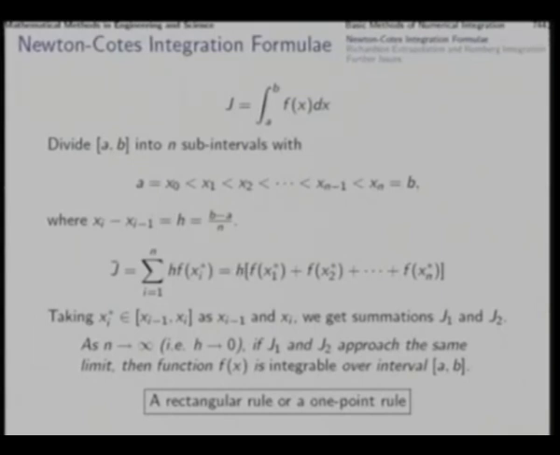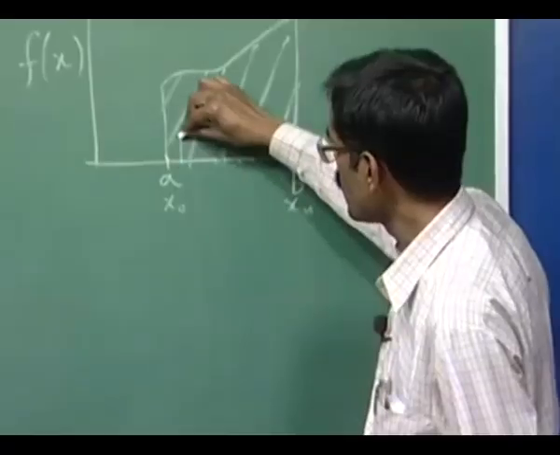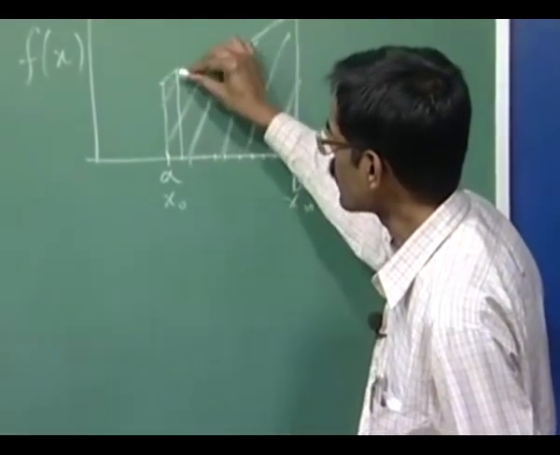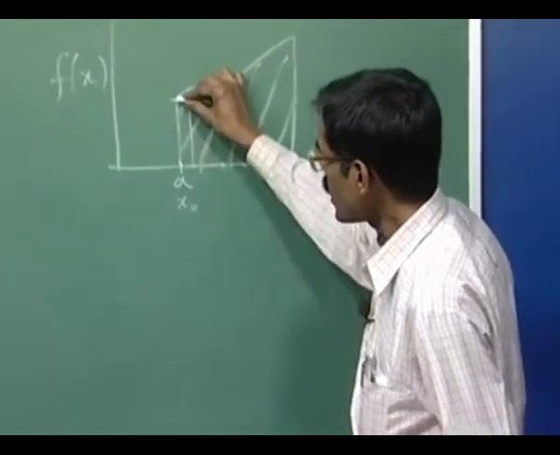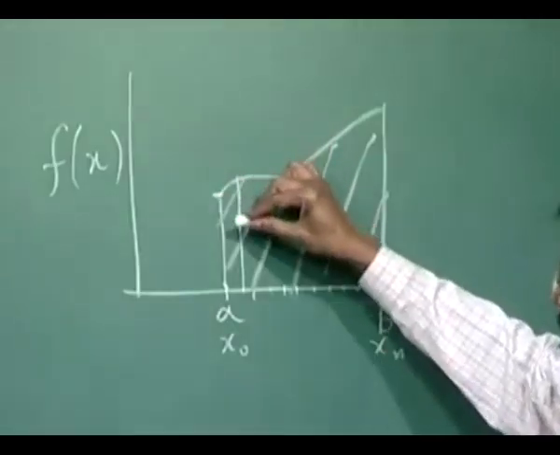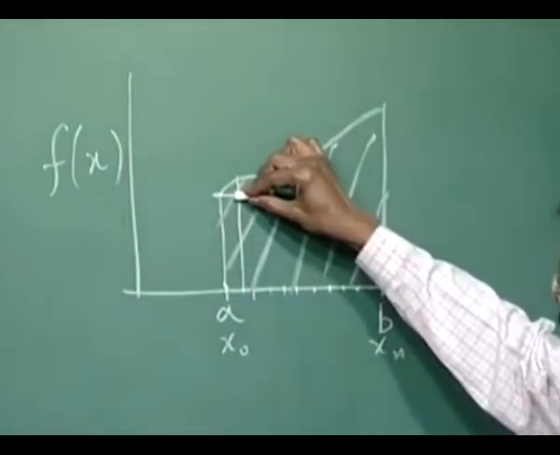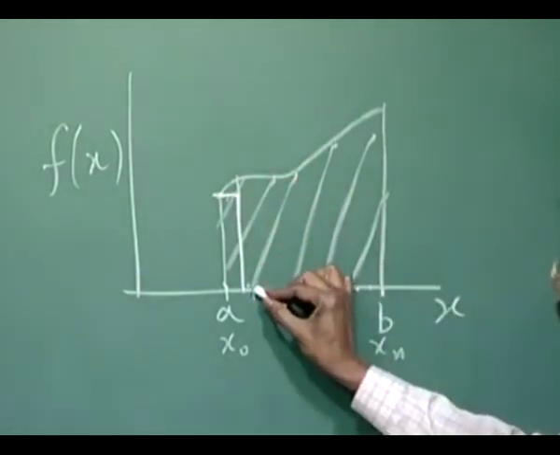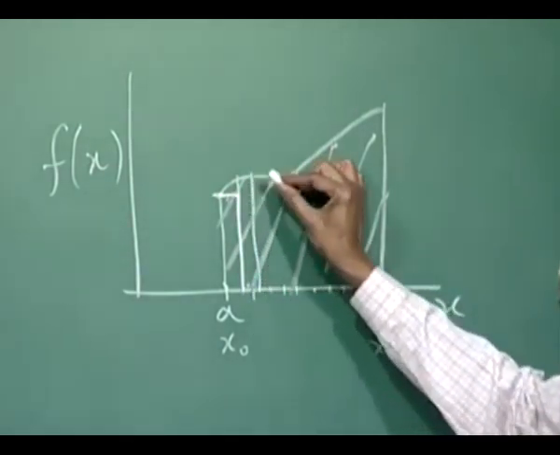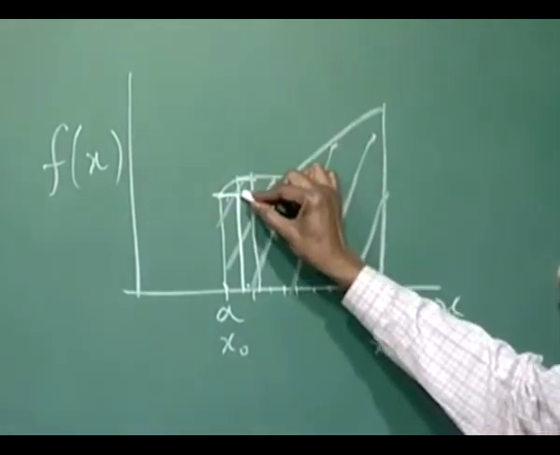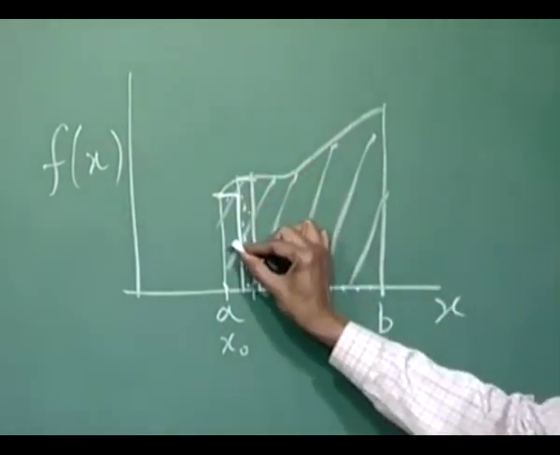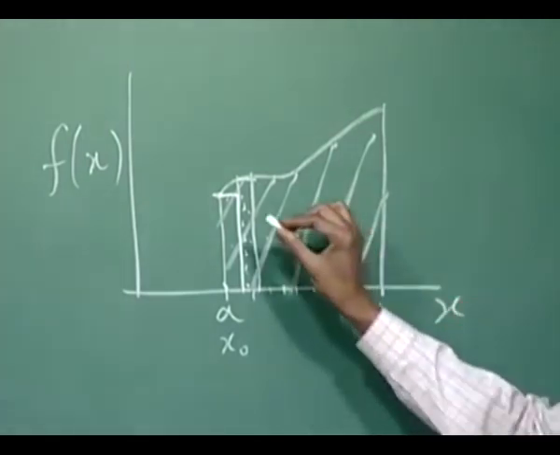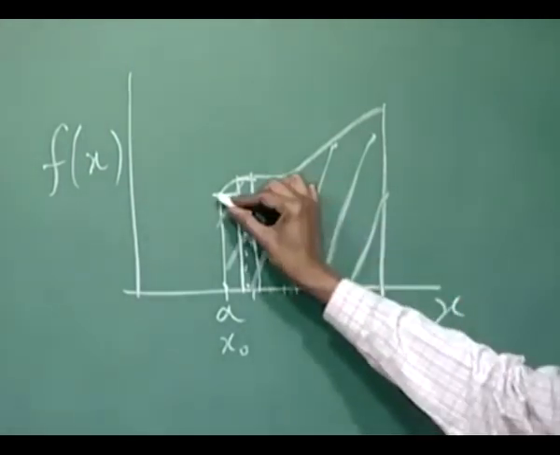That is, in the first subinterval you take one value, and then suppose you take this value. This value of the function multiplied with h gives you this area, this rectangular area. Similarly, for this next interval, if you take this value then you get this area. Now, like that, if you go on summing up the rectangular areas, then you get one estimate of this entire area.